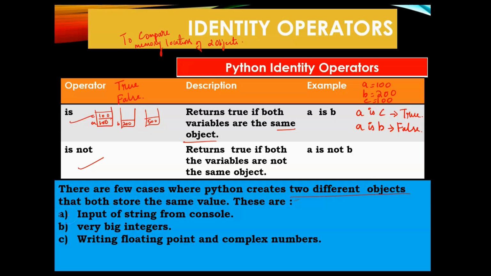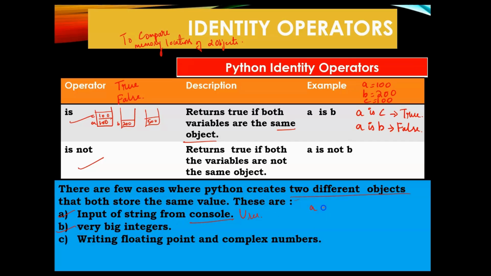The first case is the input of a string from the console, the user input. It depends on how we give the input in the console, the way it gets stored in a memory location. The next case is very big integers.